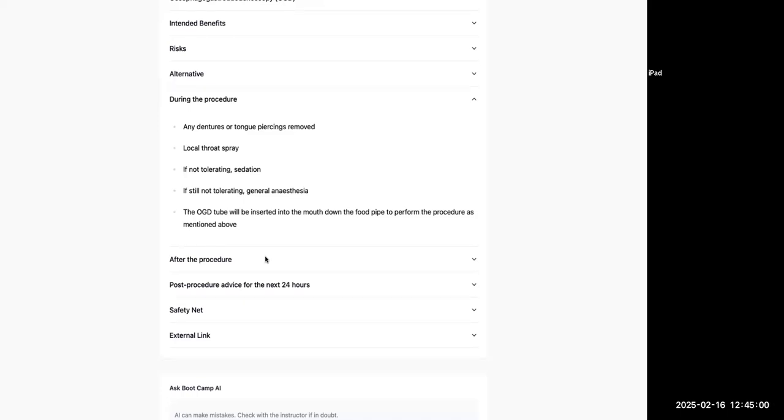But there are some precautions. They cannot drive for the next 24 hours, will not sign any legal documents, and will avoid hot liquid or drinks. And with GA, we can keep the patient for an overnight stay and discharge on the next morning.